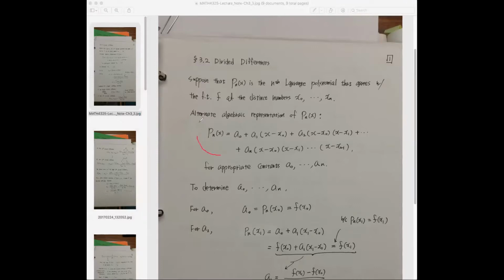The main reason is that it's easy to find the derivative of the polynomial, and the second reason is that it's easy to establish the error estimate. We'll see later.